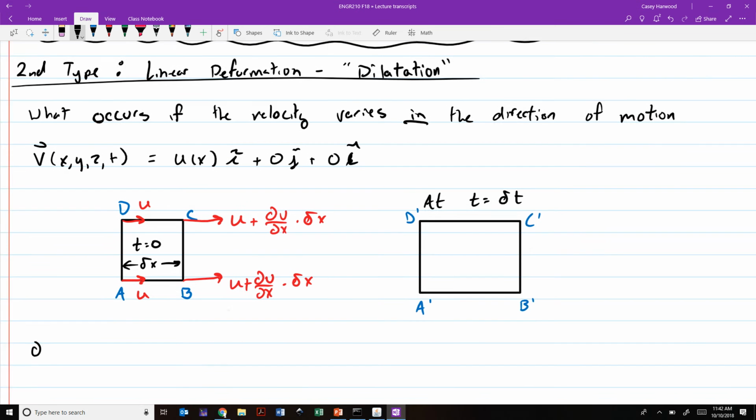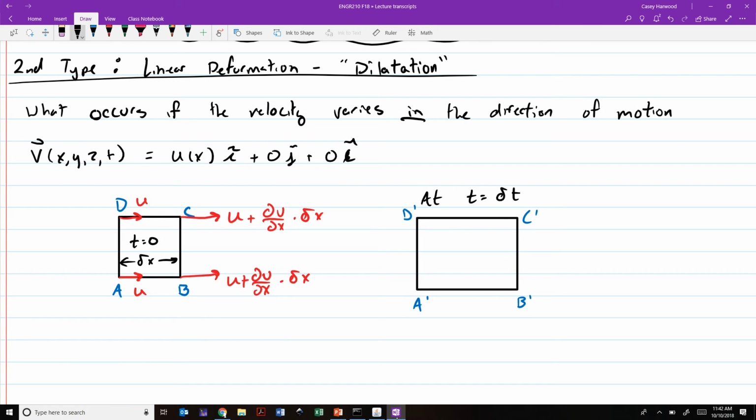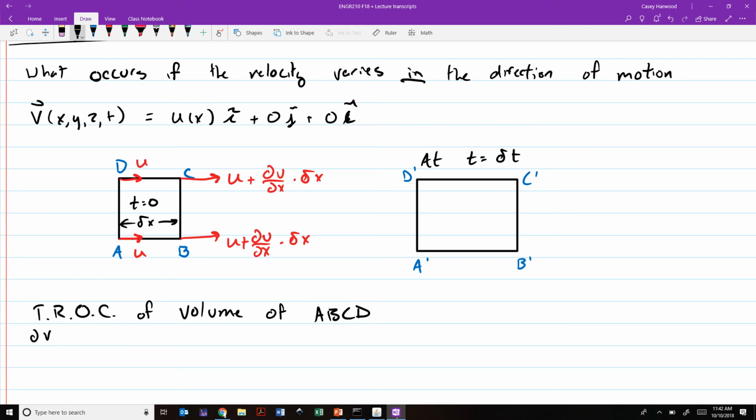Skipping over the derivation here, if we wanted to write the time rate of change of volume of this element A, B, C, D, we would end up with dV dt equal to du dx times delta x, delta y, delta z, or du dx times the little volume of that cube.